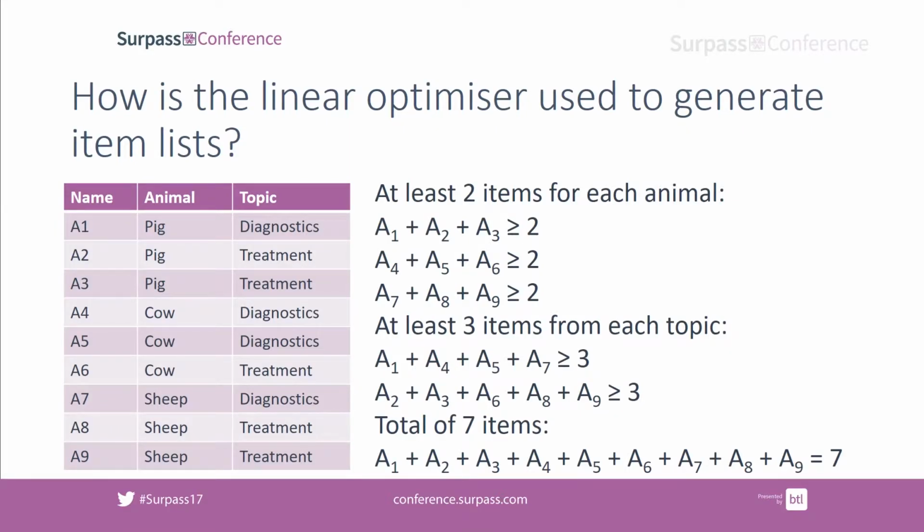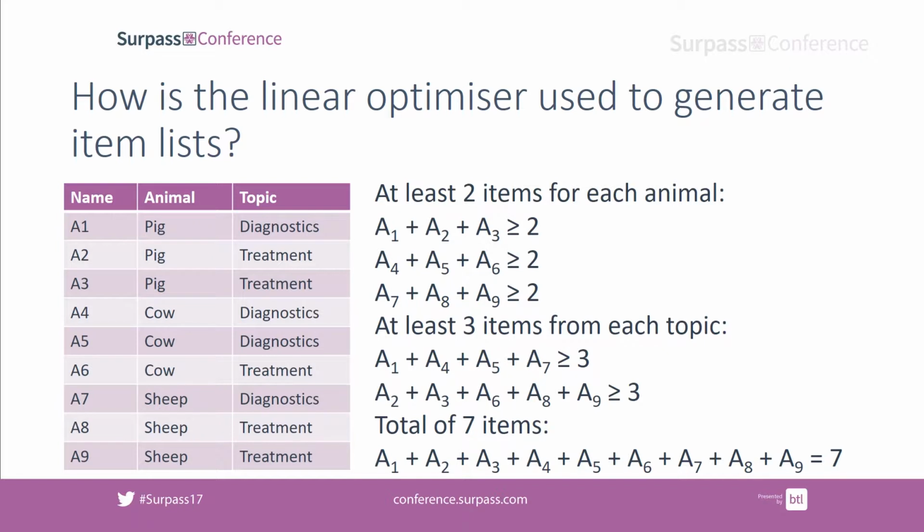So, just bear with me, we're getting a little bit mathematical here, so that might not be very interesting to some people, but just a brief talk about how we actually do the linear optimization. This is an example of a bank of items, really small for a vet exam. Not real, just one I made up.